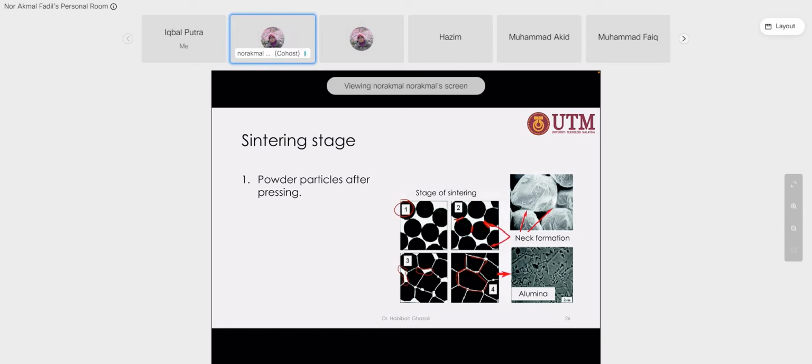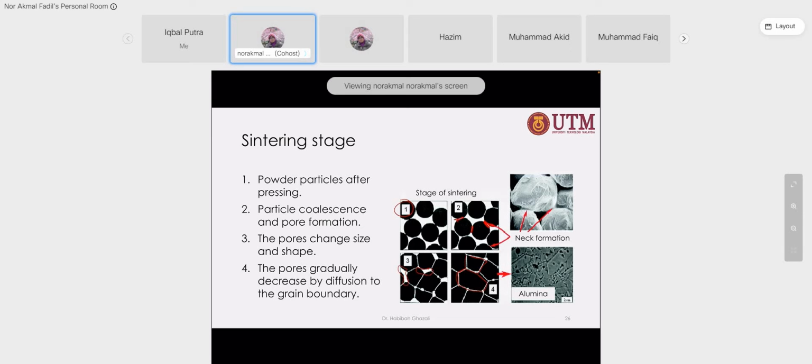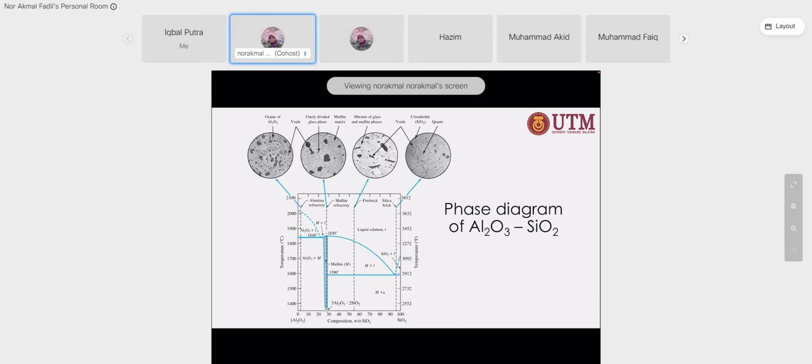Number one is the powder particle after pressing, and then particle coalescence and pore formation. There is still a pore, and then the pore changes shape, so the size is reduced, and the pore gradually decreases by diffusion to the grain boundary. So this is a phase diagram of ceramic alumina silica.